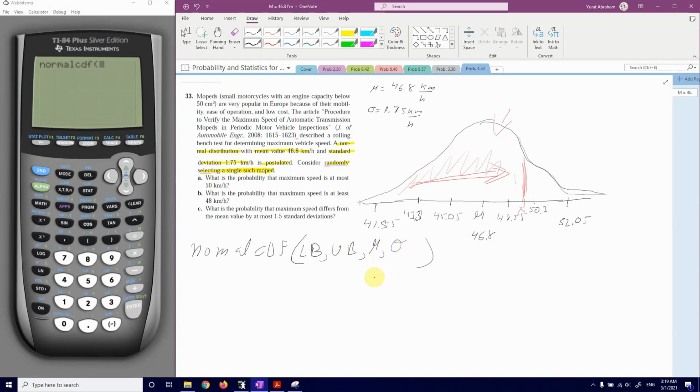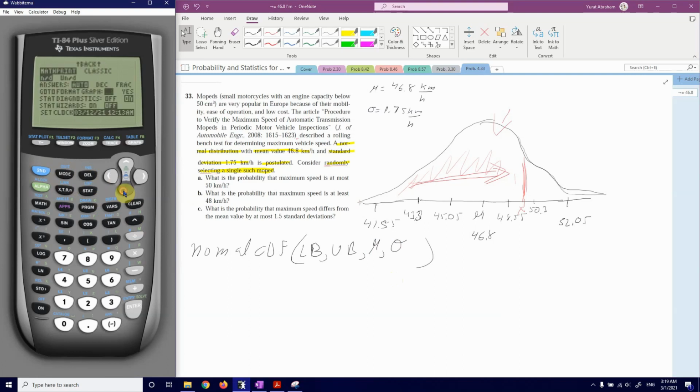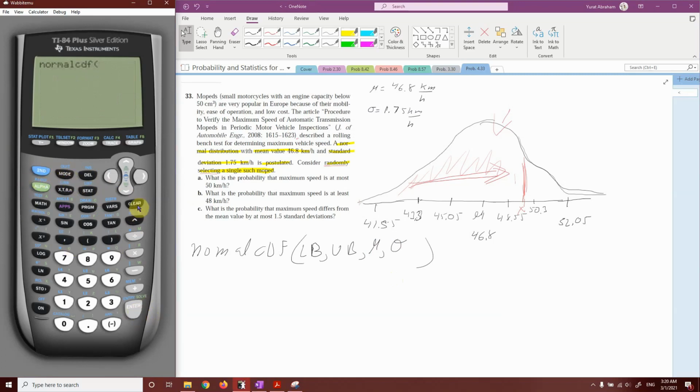Okay, pretty much the same order that it has when you go to the mode or the setting and you switch it to the wizard. Okay, and just to be sure, second quit, clear, and then second distribution. All right, and then you go back like this. Okay, the lower bound, the upper, the mean, and the standard deviation.